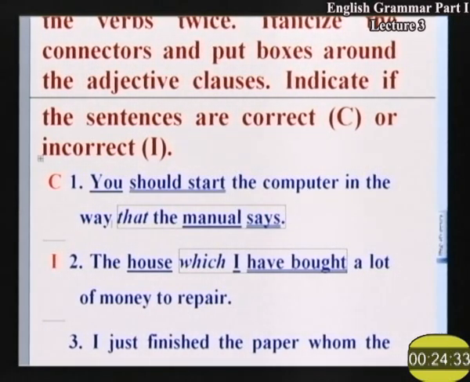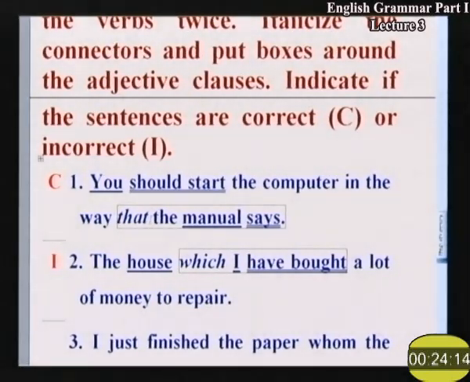So the first verb is you should start. Then that is a connector, and it introduces an adjective clause.